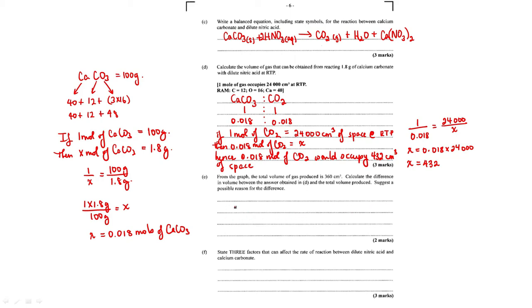All right, so let's work out the difference. It'll be 432 cubic centimeters minus 360 cubic centimeters, and that will give us 72. That's the difference right there, 72 cubic centimeters.